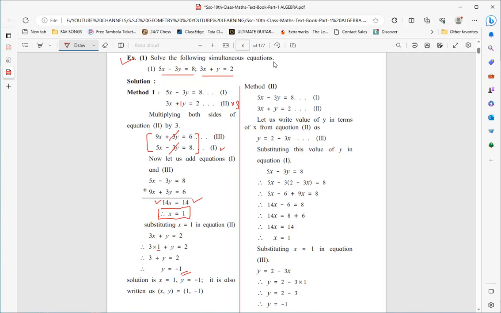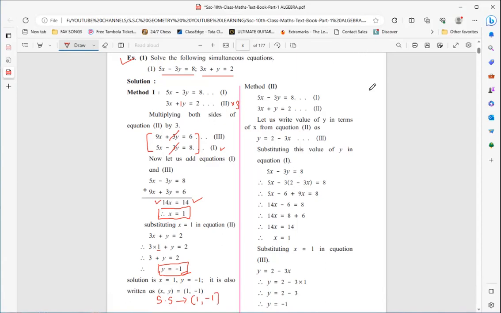So here we got the x answer and here we got the y answer. Okay, so what is the solution to this equation? x y equal to 1, minus 1. x is 1 and y is minus 1. So this is how we write. Normally in the end you can write like this: solution set is (1, minus 1).